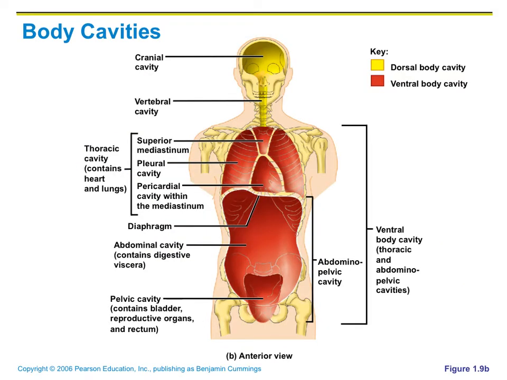Here's another view. So the ventral body cavity, again, divided into the thoracic cavity, which is further divided into the pleural cavity and the pericardial cavity. I'm not going to be concerned with the mediastinum. And the abdominal pelvic cavity is divided into the abdominal cavity and the pelvic cavity.